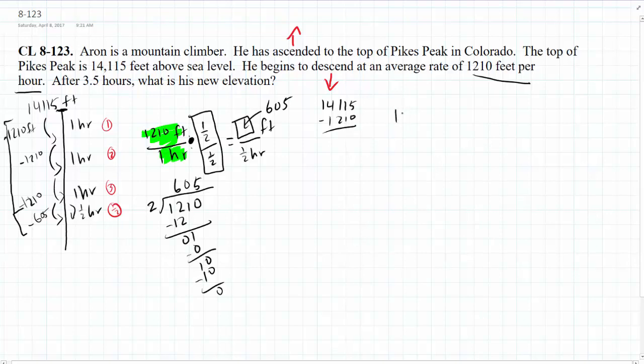So we have 1,210 feet per hour. If we have 3.5 hours, how many feet are we going to go? To get from 1 to 3.5, we multiply by 3.5.